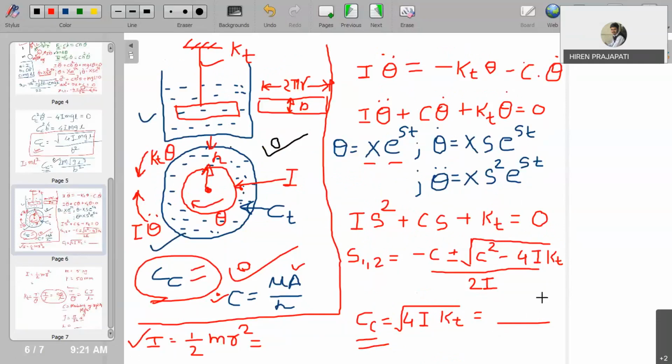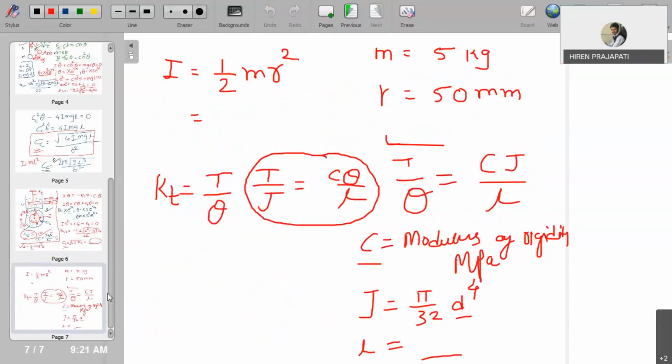So you will get some numeric value of Cc, and if you take a combination of mu and L such that this becomes equal to the numeric value of Cc, then this will make this system vibrationless, right? Is it clear? Yes, sir. Right, okay. So this is about finding the critical damping constant.